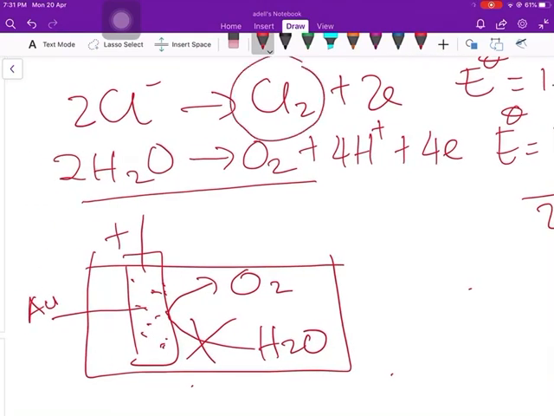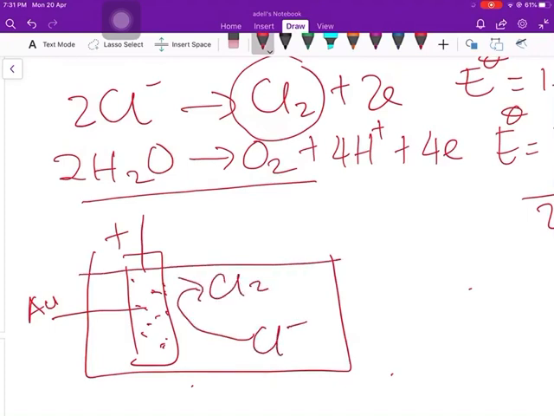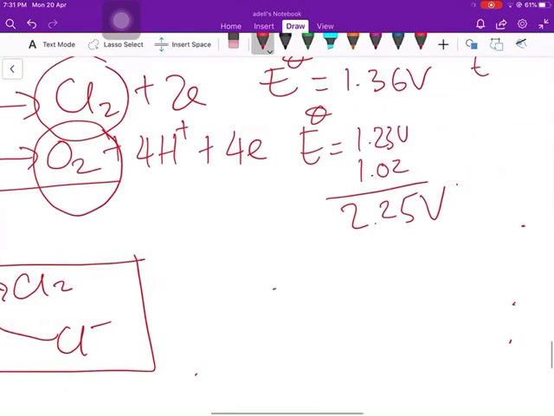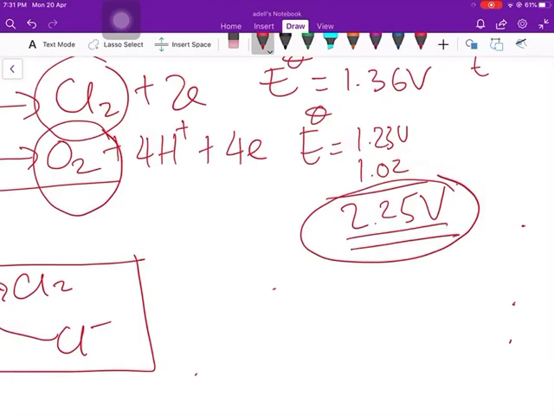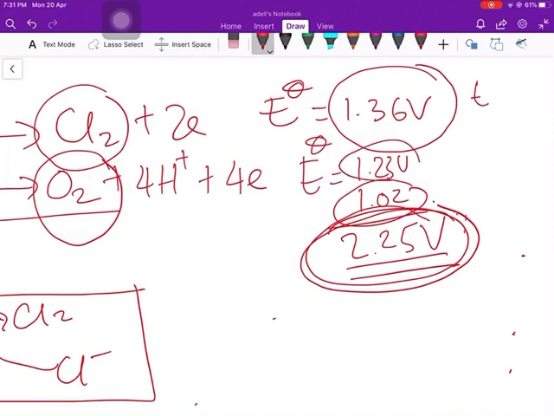So you can produce chlorine, because the chloride in the solution will produce chlorine gas. Because of the overpotential phenomenon, this extra potential will make this potential much higher than the expected 1.23.